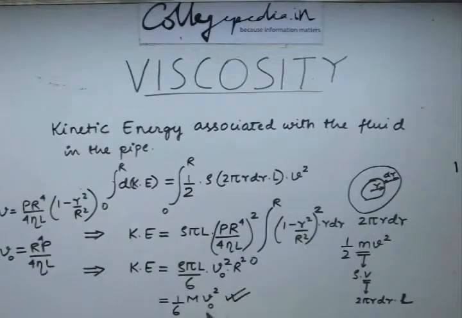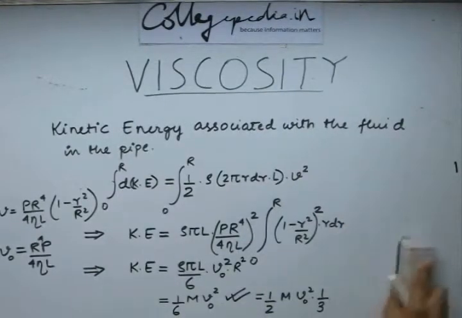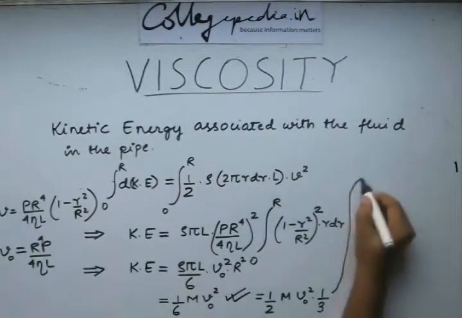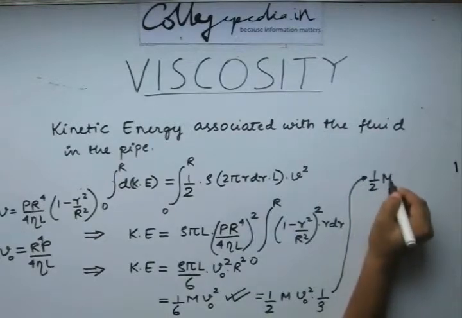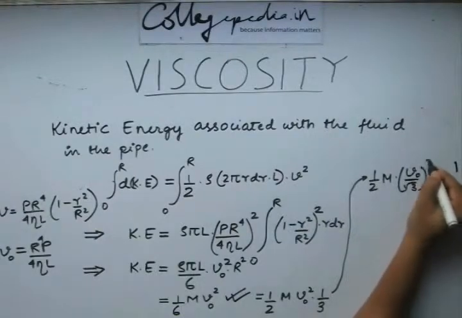Now let us write it in terms of this format, half mv square. So we have half m V naught square into 1 by 3. If we combine these two terms, what we get is half m into V naught by root 3 whole square.